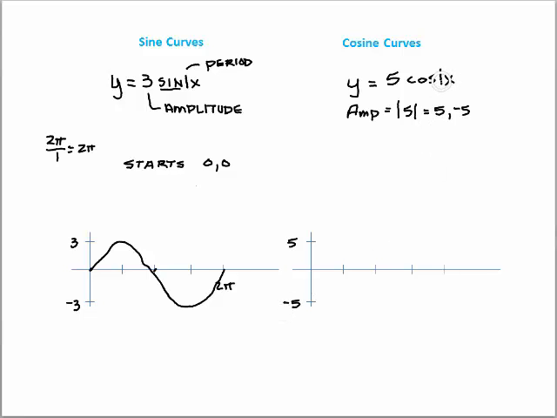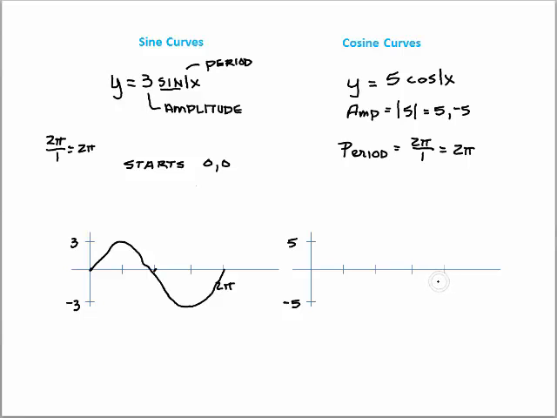Now again, we've got 1, so our period equals 2 pi divided by 1 equals 2 pi. So it's going to make one wave in the distance all the way around the circle.